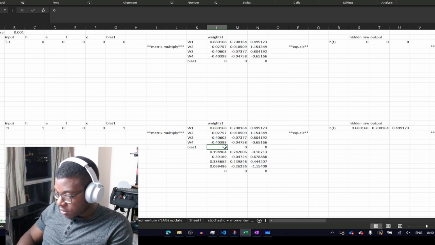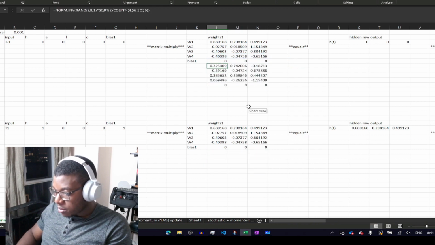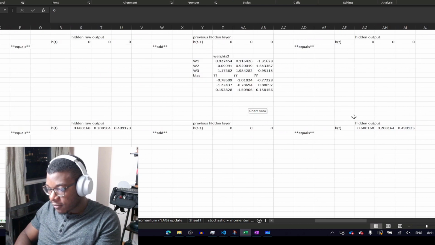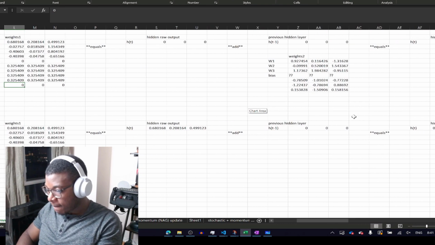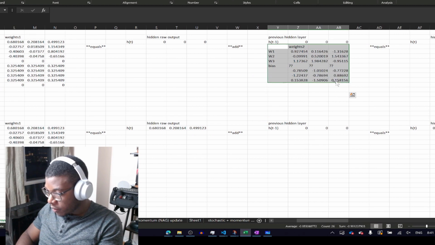So what I will do is I'll actually move these up here. The reason being is, so now when I'm copying stuff, I'm going to move these up there.